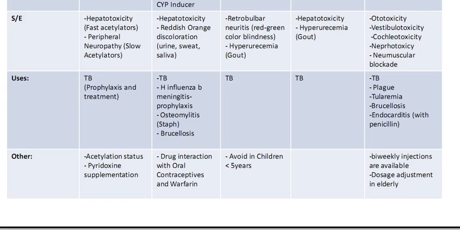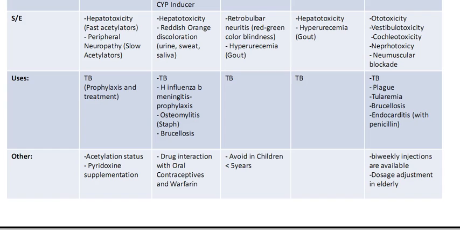And other important things which you need to know are, one, acetylator status, and second, pyridoxine supplementation. Now, why does the patient on INH need pyridoxine? The major reason is that patients who are taking INH tend to have peripheral neuropathy.